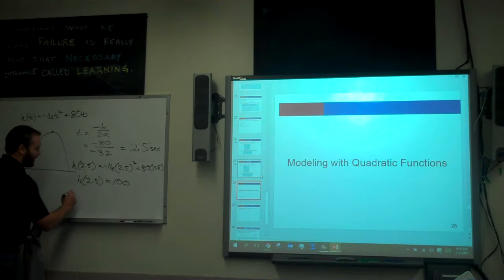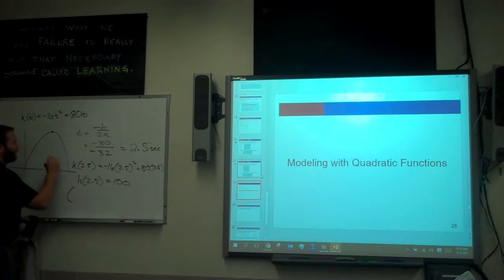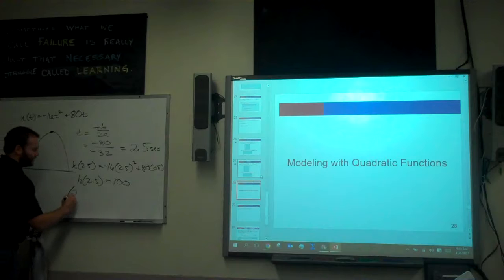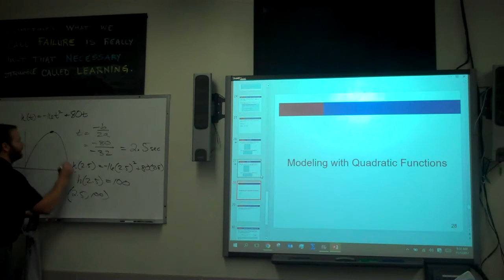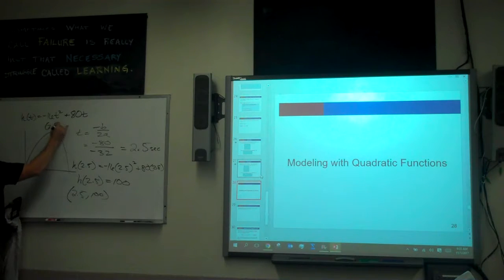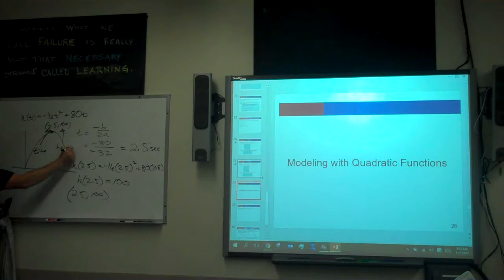That's right. So now my ordered pair for my vertex is 2.5, comma 100. Remember that there is a time, and there is a height.